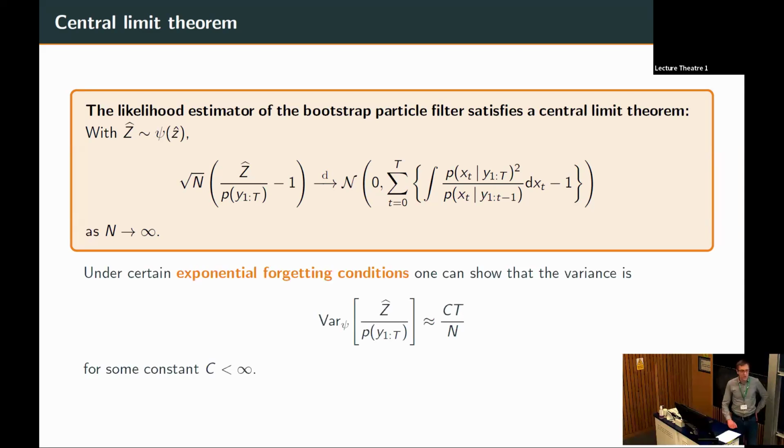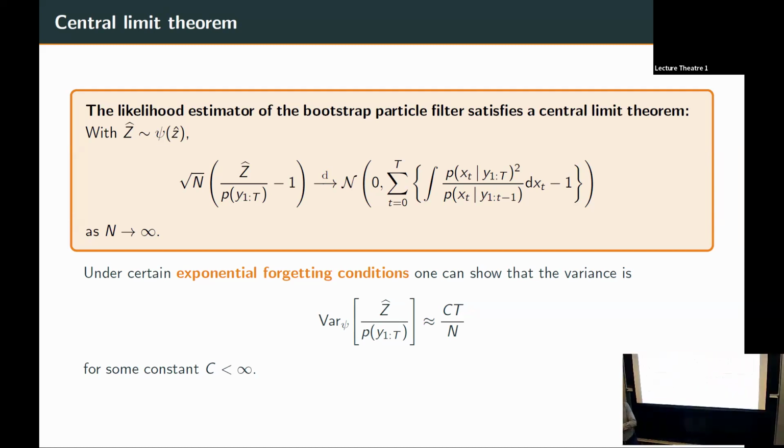If we assume some quite restrictive, but still not completely unreasonable, forgetting properties on the state space model itself, it can be shown that the variance in this likelihood ratio is roughly some constant c times T over N. This suggests that N should at least be of the same order as T for this to work.